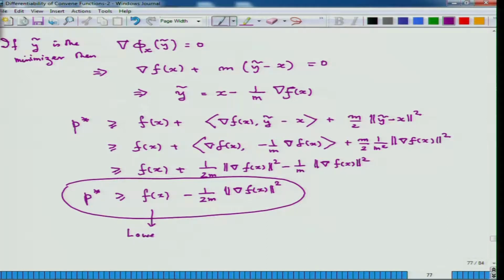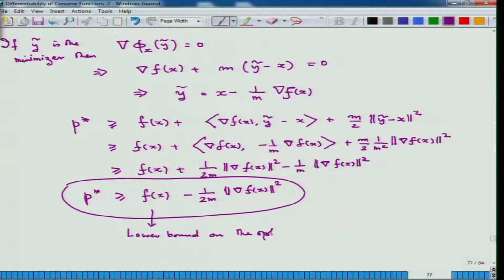This is providing a lower bound on the optimal value. Given any x, I can provide you a lower bound on the optimal value, because p star is the infimum of the function.